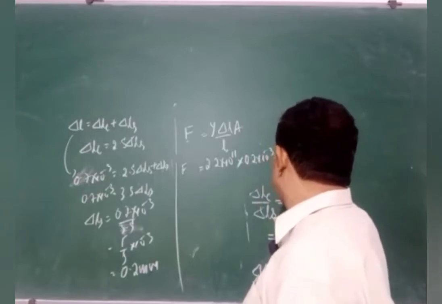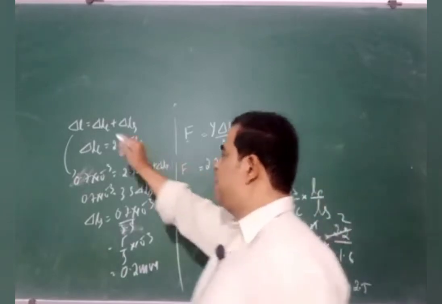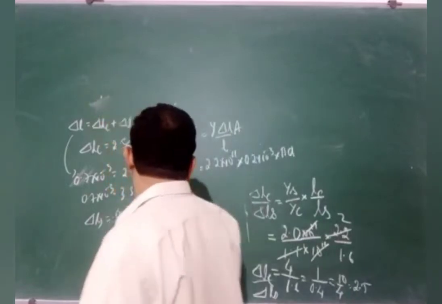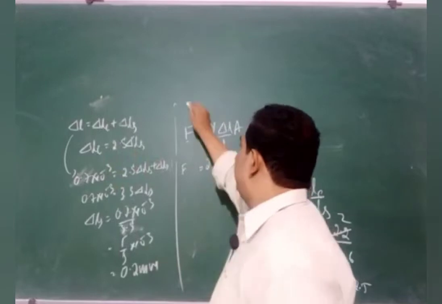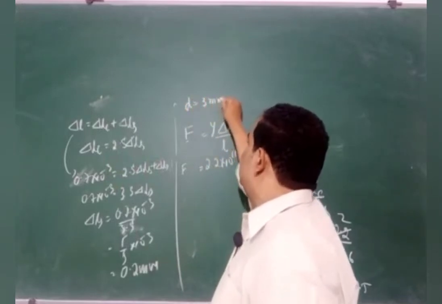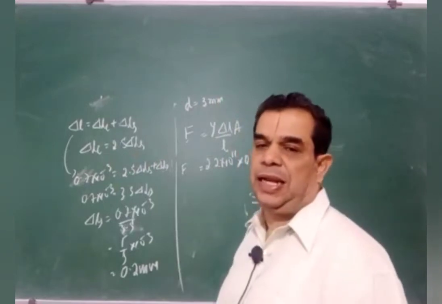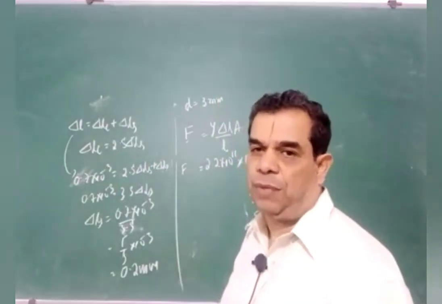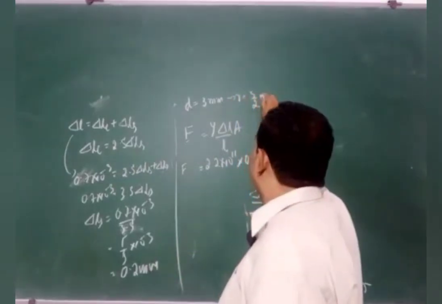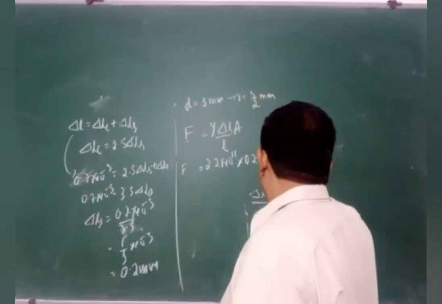Area pi, or say diameter is given. Diameter is, I write down on this side, 3 millimeter. You can use diameter for area calculation, pi d square by 4 formula. Or radius means 3 by 2 millimeter, so then pi r square is the formula.